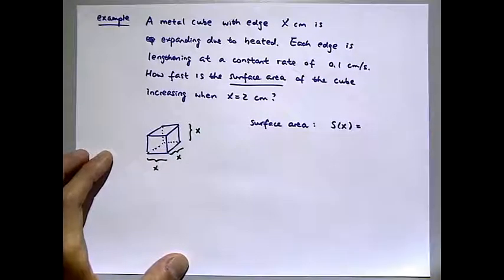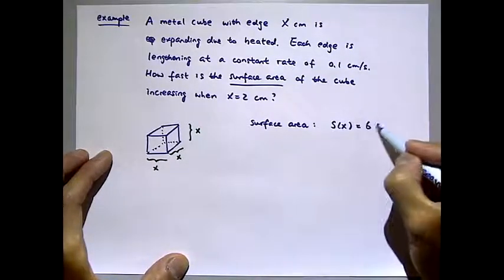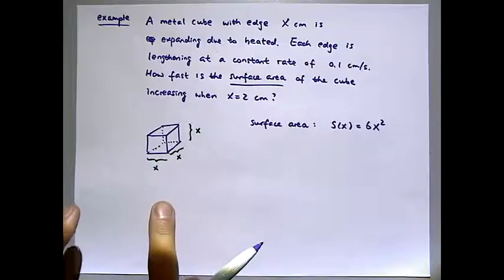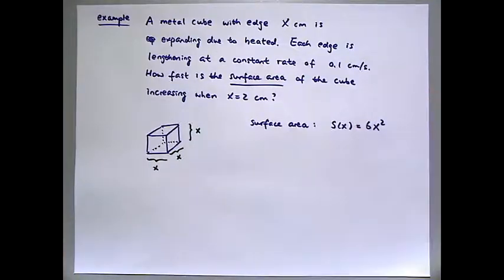Six sides all around, each with an area of x squared. So that's how we calculate the surface area of the cube. If I know x, I can tell you the surface area. But if x is changing, then the surface area has no choice but to also change.